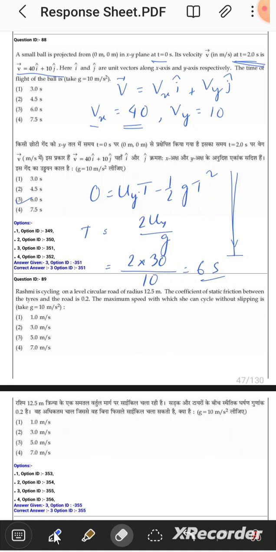Now moving to question number 89. Rashmi is cycling on a level circular road, and under these circumstances we have to find the maximum speed at which she can cycle without slipping. So we know the formula v equals root over of mu r g.